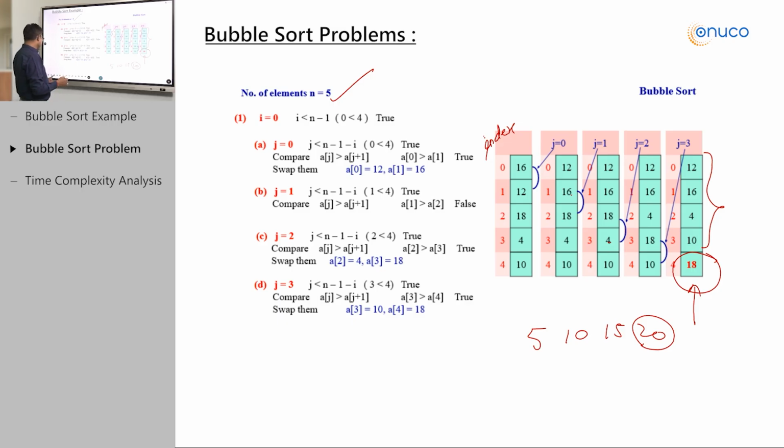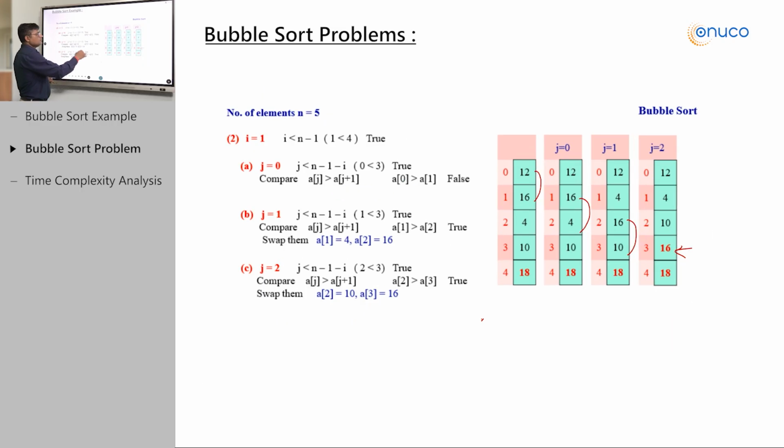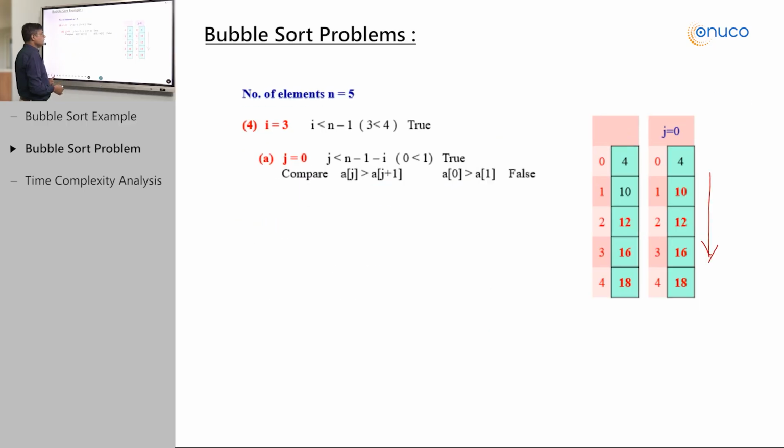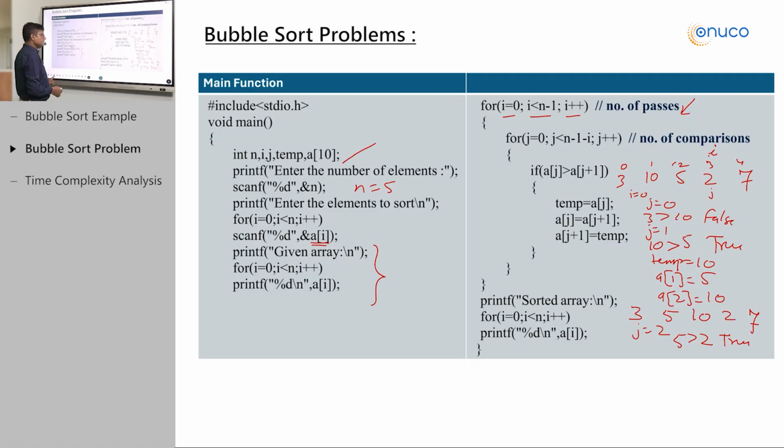These things we are going to repeat, as I said earlier, for each and every iteration. And finally we will get the sorted elements. Right? So here you can see that 3, 5, 10, 2, 7 you got. Next iteration, what will happen? We are going to swap this 10 and 2.